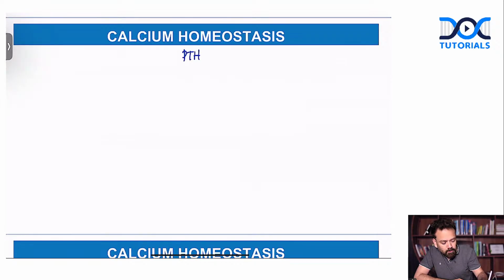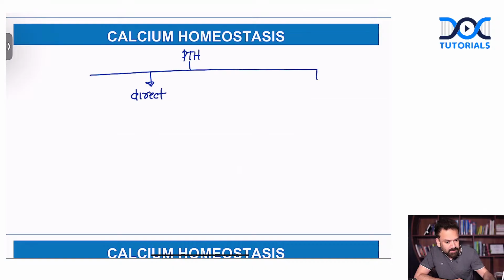Parathormone hormone has two types of action. One is direct action, the other is indirect action. Direct action is on bone as well as kidney.